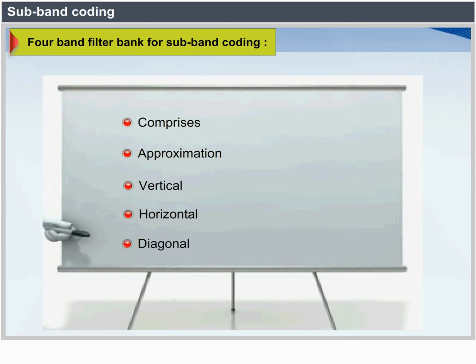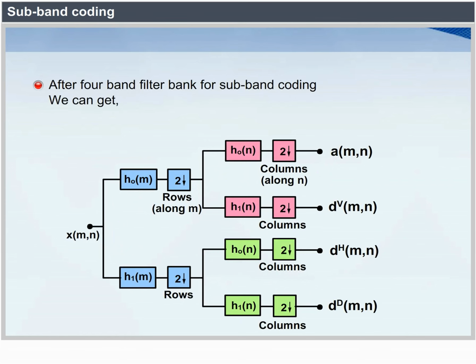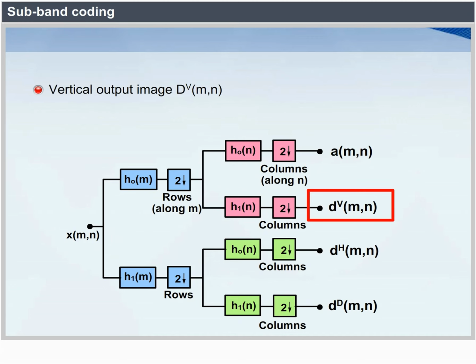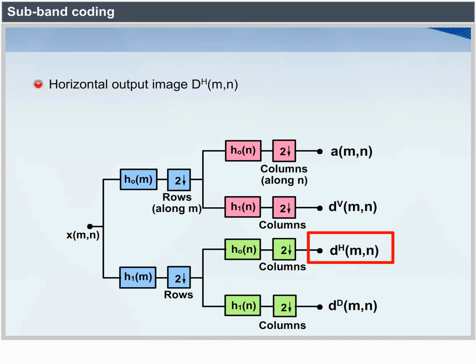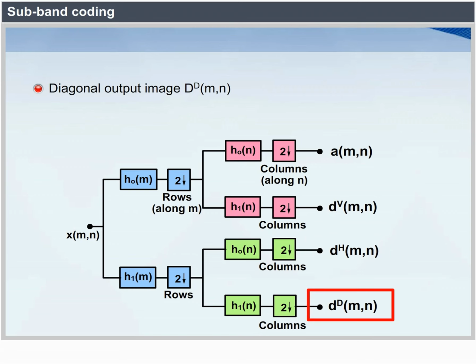In the diagram shown, the input image is X of M, N. After the 4-band filter bank for subband coding, we get the approximation output image A of M, N, vertical output image D to the power of V of M, N, horizontal output image D to the power of H of M, N, and diagonal output image D to the power of D of M, N. A block diagram of the 4-band filter bank for subband coding is represented on the screen.